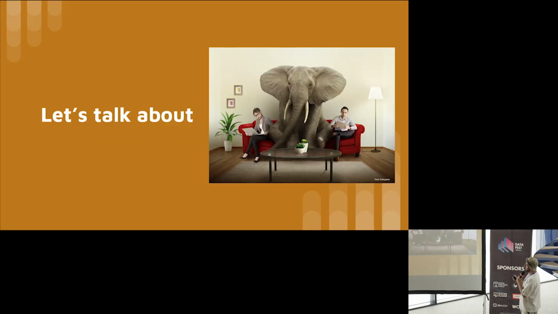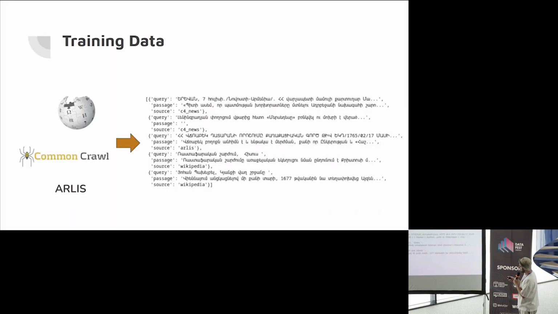Yeah, okay, so let's talk about the elephant in the room. Let's talk about what we are working on. Currently, we are working on pre-training embedding models for Armenian in an unsupervised way, and we gathered some amount of data.